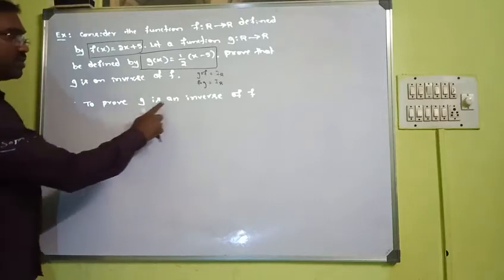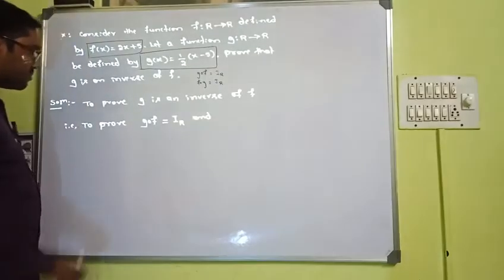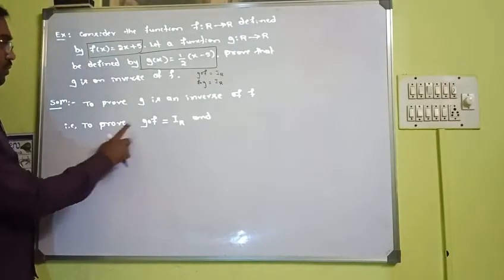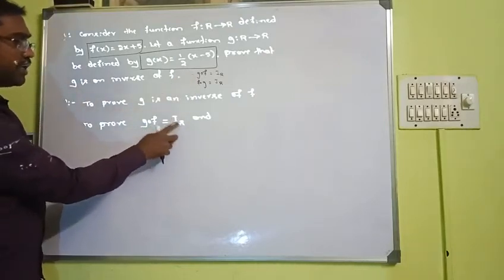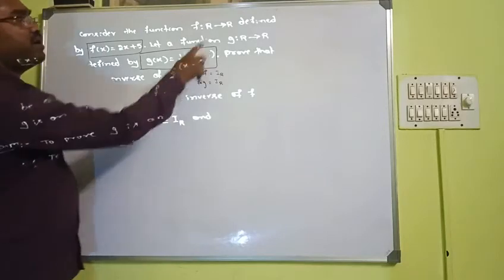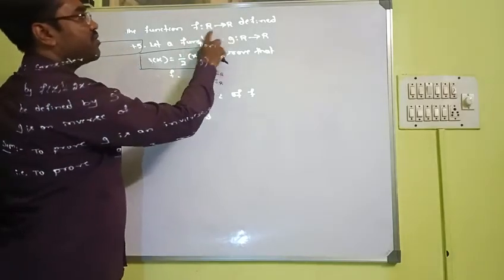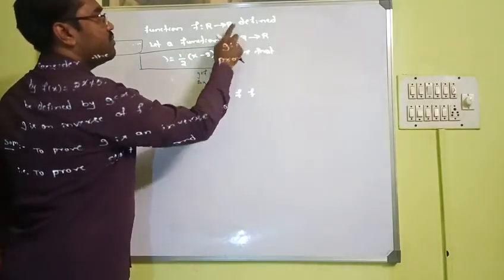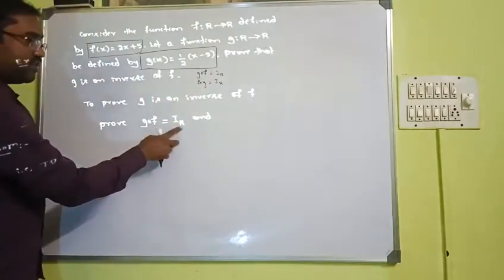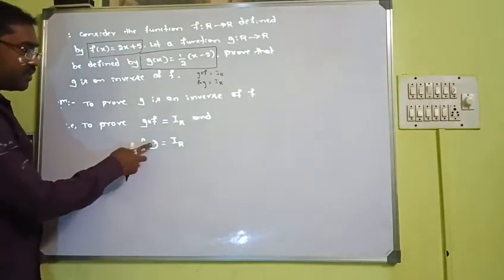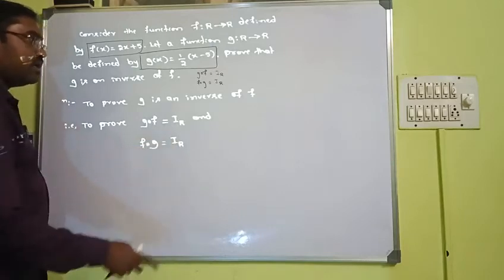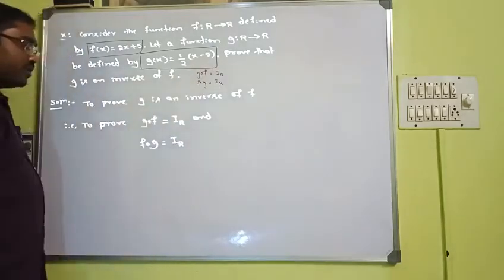To prove g is an inverse of f, g composition f should be the identity function on R, because our functions are on R only. So it will be an identity function on the set of real numbers. f composition g should also be I_R. We need to prove these two, which we have noted down here.